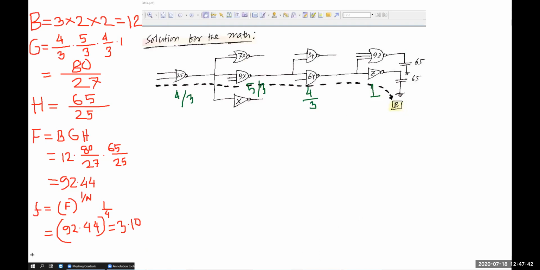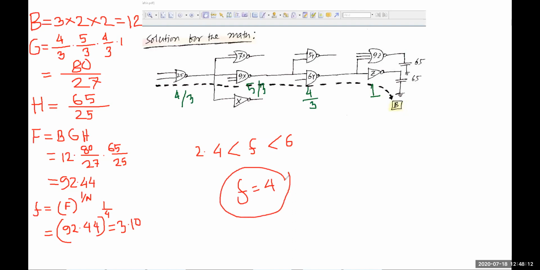Number one, this value must be bigger than 2.4 and smaller than 6. So which one is the best? Best is f equal to 4. If it is 4 or close to 4, the design is much more optimized. Got my point?